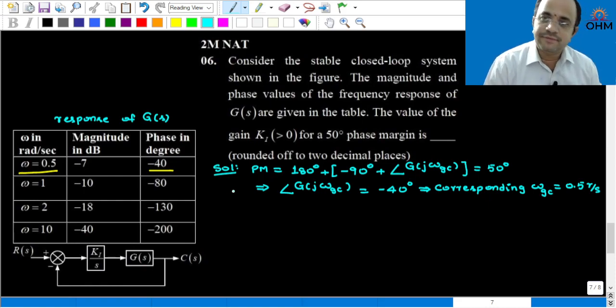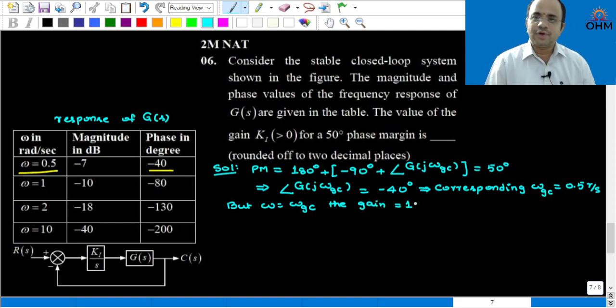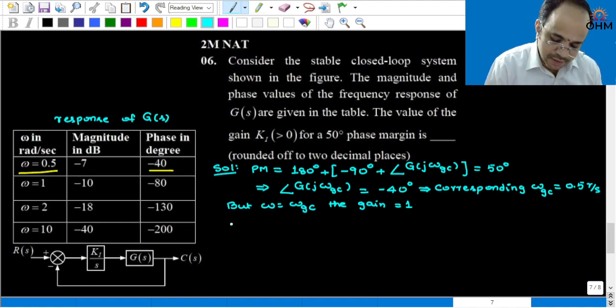Now, what is the definition? At omega equal to omega gc, the gain of the forward transfer function is equal to 1 in absolute value. Therefore, how can I write down here?